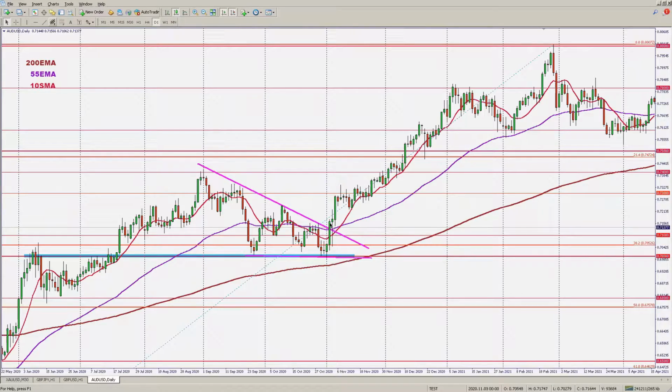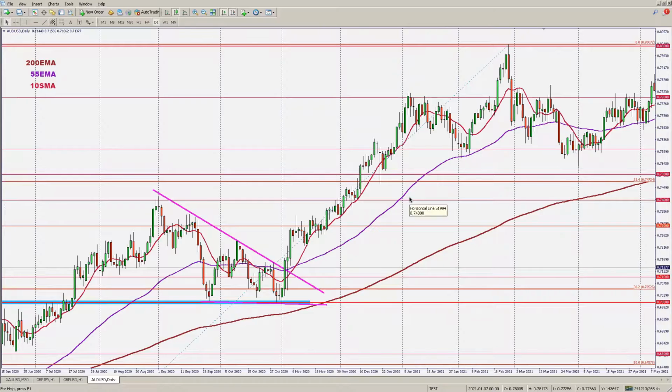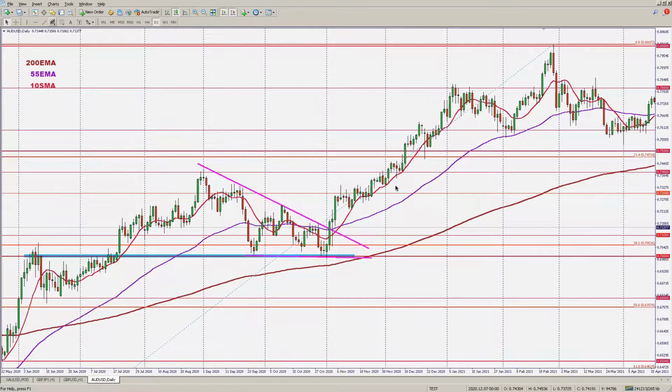It broke up from this level, bounced off the 70, finally broke out higher from this trend line and climbed all the way up to the 78.00. Now, why did it move up to that level before finally moving up to the 80?